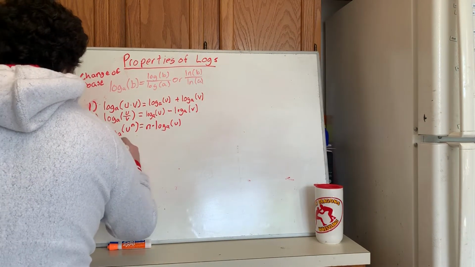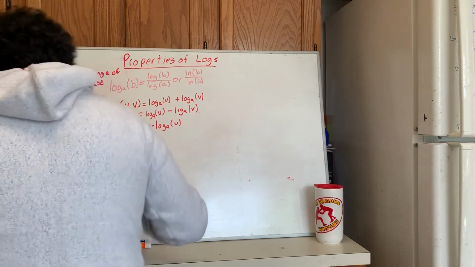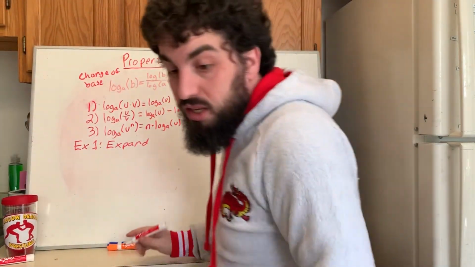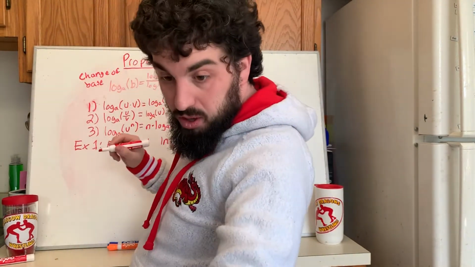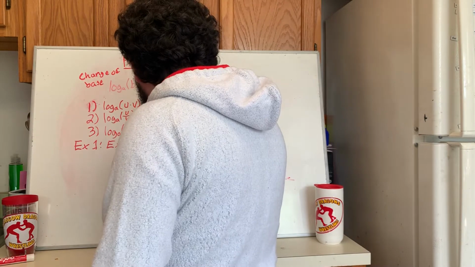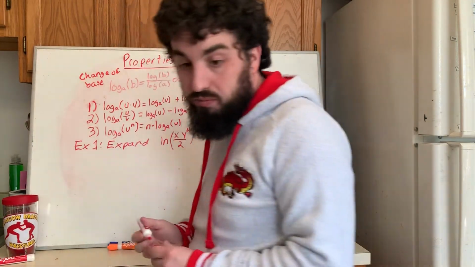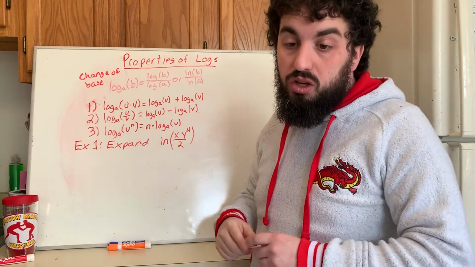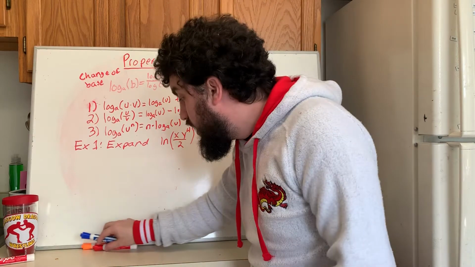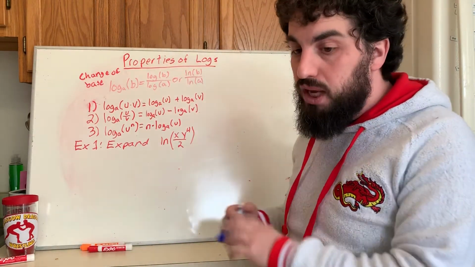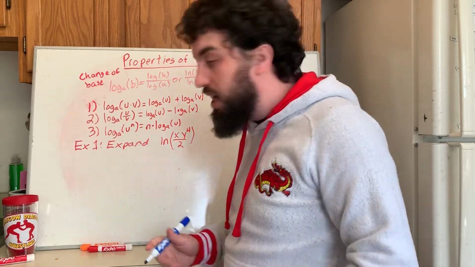Example 1 says expand the natural log of x times y to the 4th, all over 2. Okay, so the first thing I see in my numerator, we'll talk about the denominator in a second, is that x and y are multiplied together.